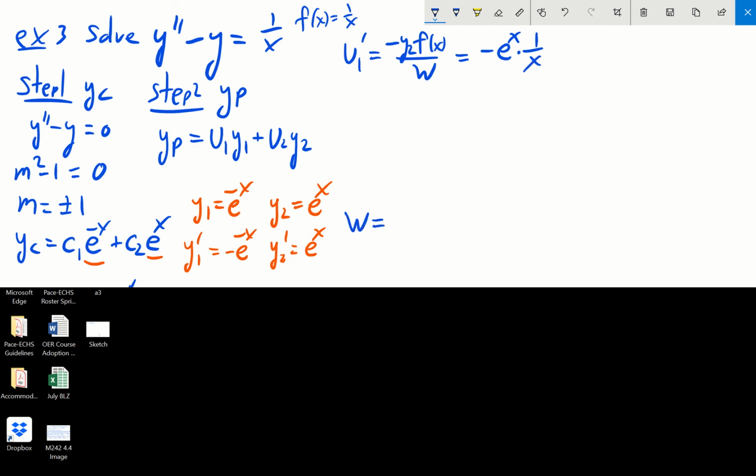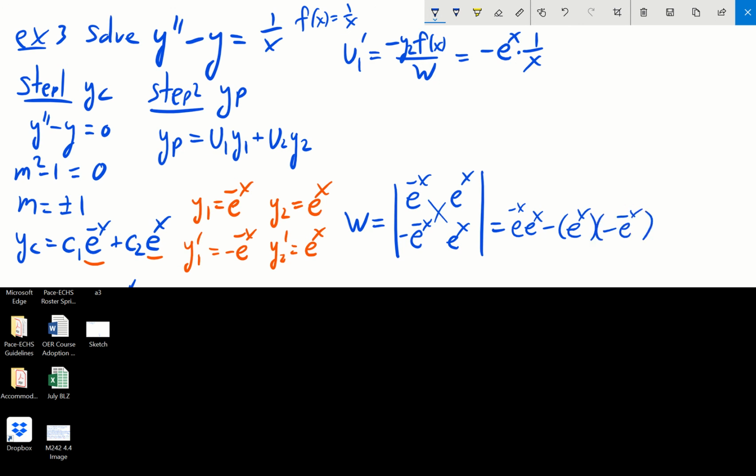Our Wronskian is going to be the determinant of y1 prime as the first column, and then y2 prime as the second column. Multiply the diagonals and subtract the major diagonal and the minor diagonal. We're going to get e to the negative x times e to the x minus a minus, ultimately, like this.